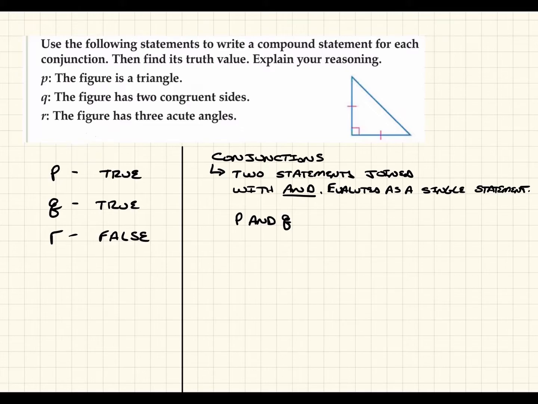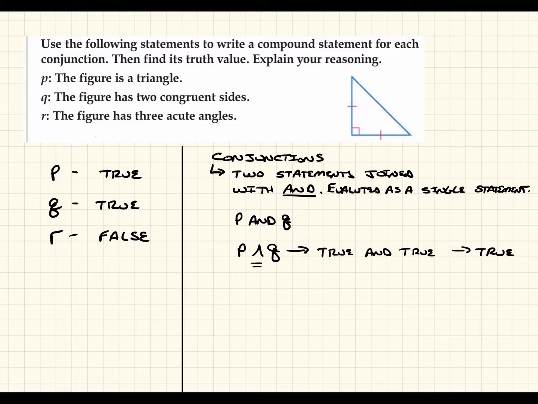So we can write P and Q, and we read it as "the figure is a triangle and the figure has two congruent sides." By evaluating the individual statements, we know that statement P is true and statement Q is also true.